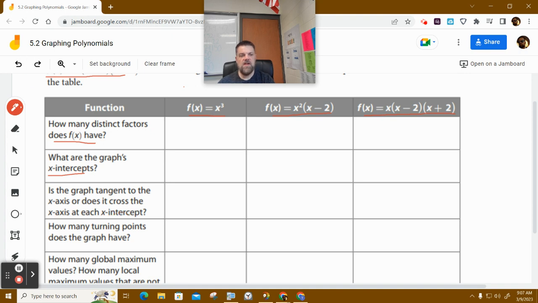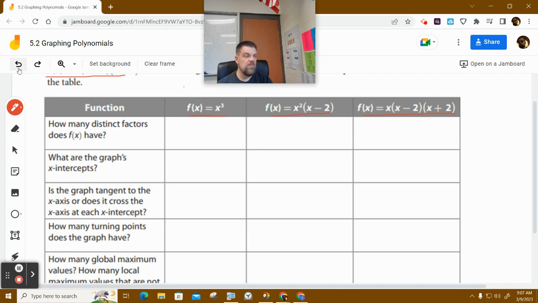All right, so you're going to make the first column, you're going to say function. Then you're going to write down how many distinct factors does f of x have, and I'll define what that means in a second. Factors means exactly what factors means mathematically: what are the things that we're multiplying to get the function?